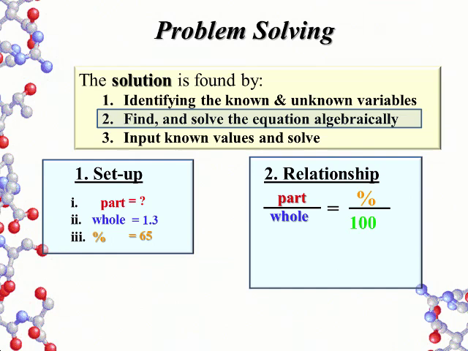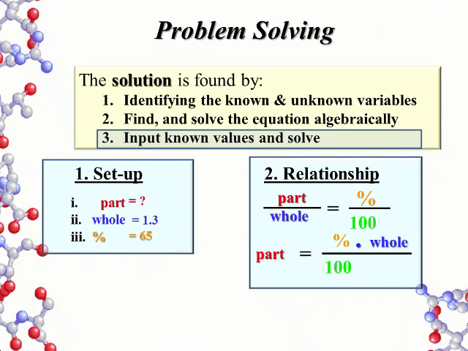The second part of a relationship, after the find, is to algebraically solve the equation for the unknown, like this. Notice that we did not stick numbers into the equation before we isolated the unknown variable. That is solving algebraically.